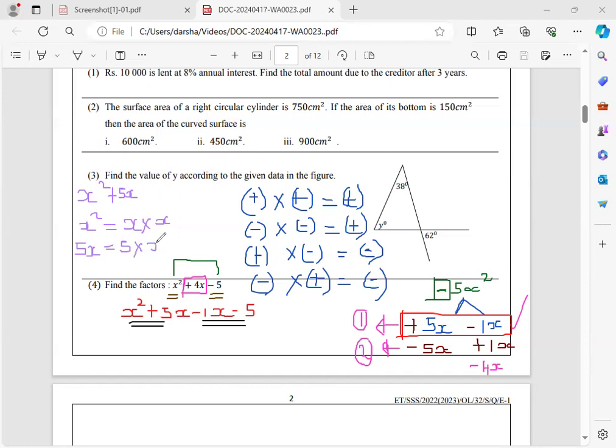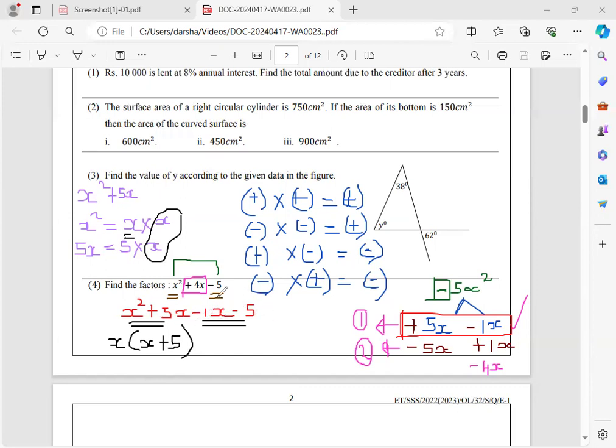So x is common, and you can take that x out. For the x squared, when I take an x out, another x is remaining. Then plus, in 5x, if you take x out, 5 is remaining. Then you will be getting x plus 5.